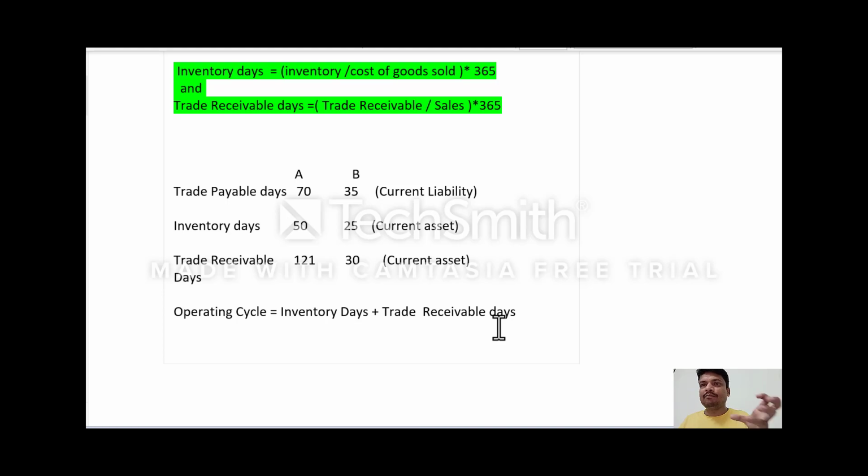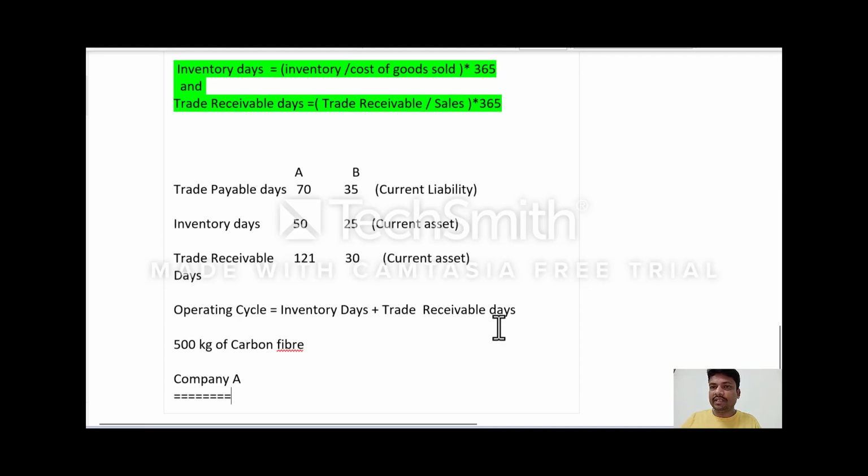Let's say both companies are similar and both are producing 500 kgs of carbon fiber. For company A, what is happening?